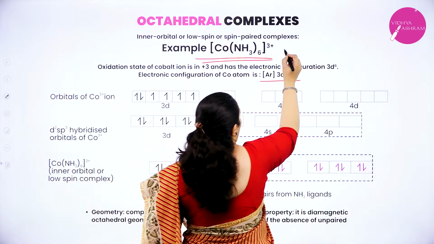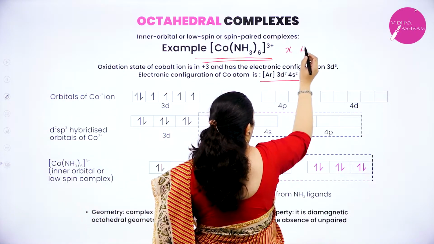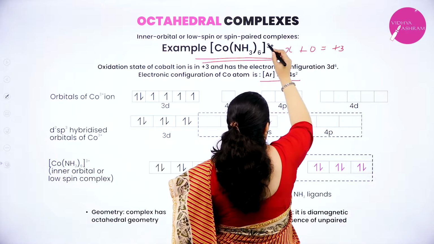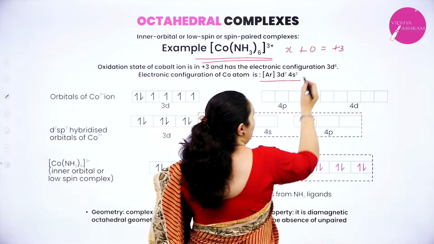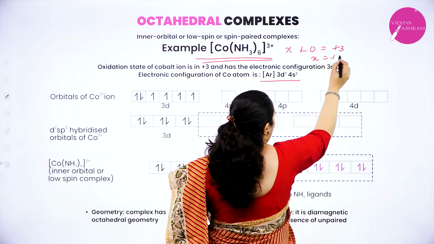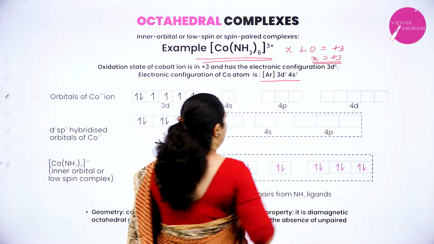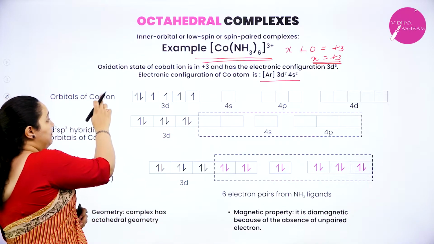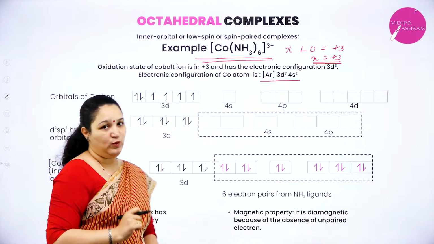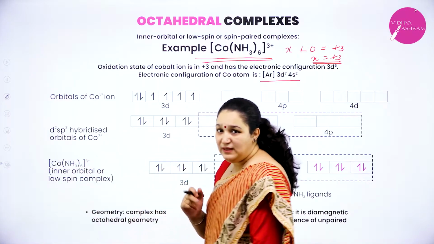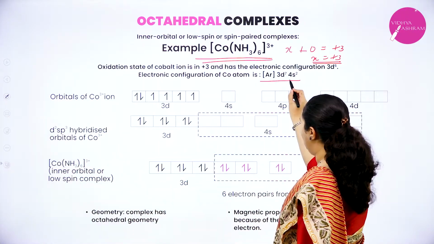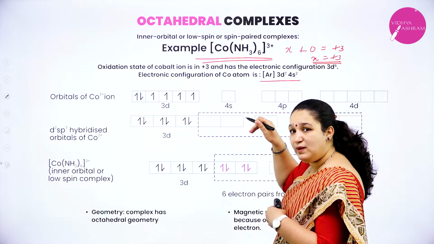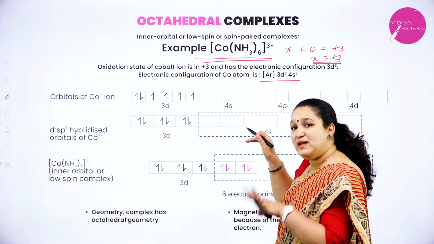Here you have to take cobalt as X plus amine, which is 0, equal to plus 3, because the complex has the charge plus 3. So, X is equal to plus 3. Thus, I am going to represent the orbitals of cobalt in the plus 3 ion. That means this is for the cobalt atom, but in my complex cobalt is present in the plus 3 state.